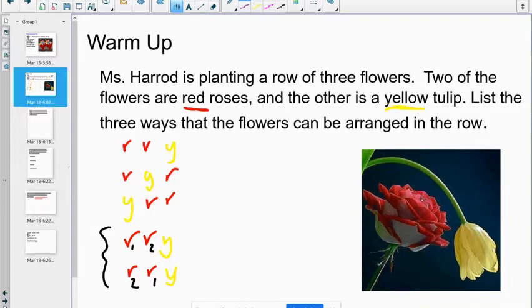So this set of flowers and this set of flowers are the same, so they're not different. That's why we only have these 3 options. It just counts as one way.